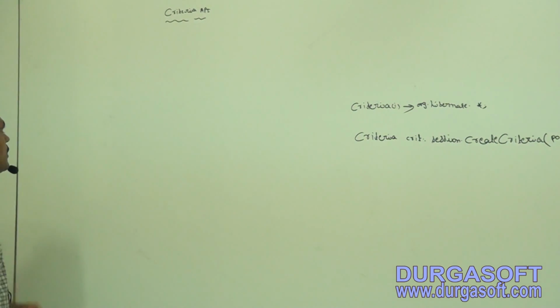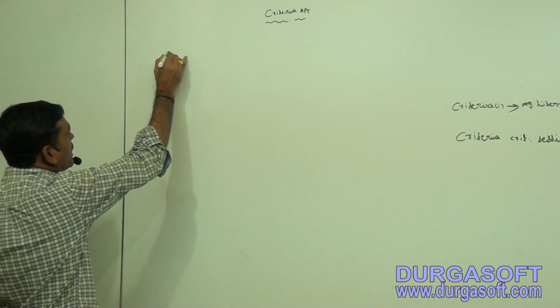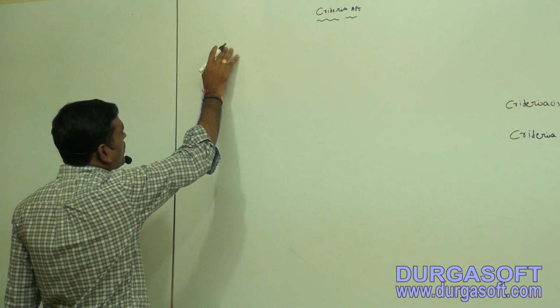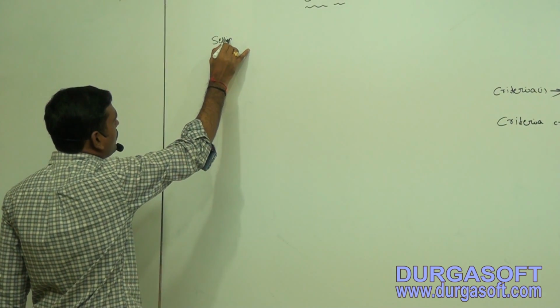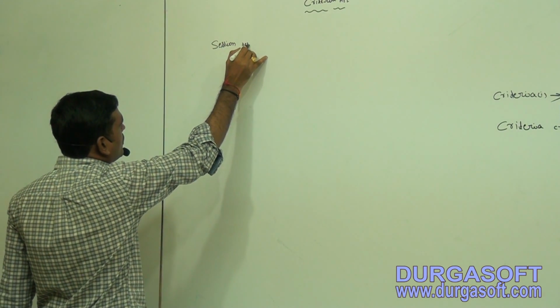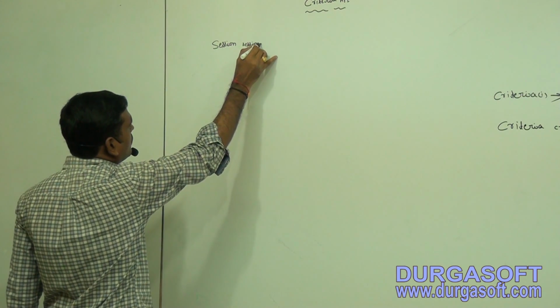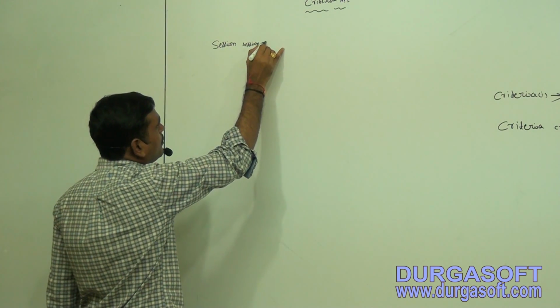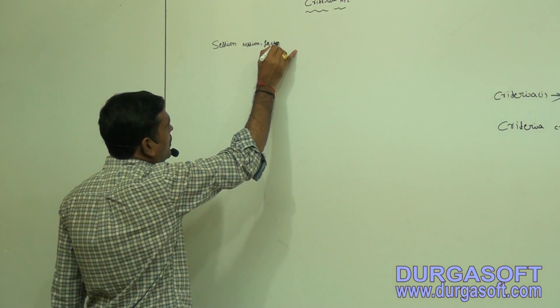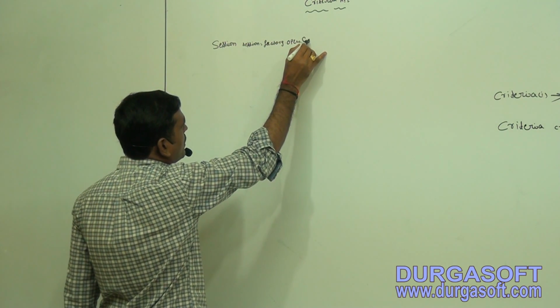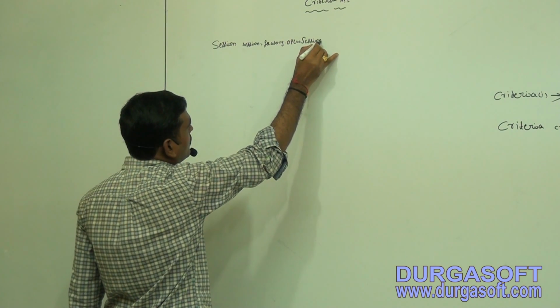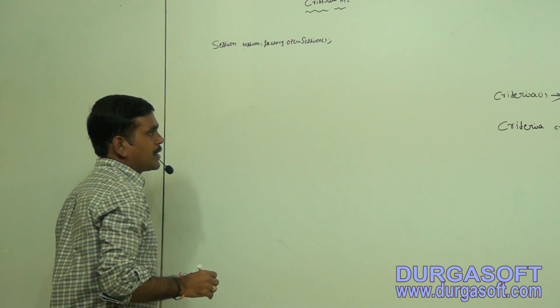For example, we implement the code like this. Session is equal to factory dot openSession.